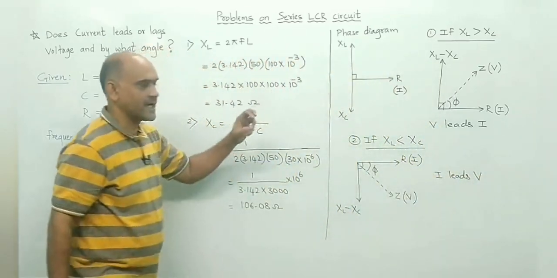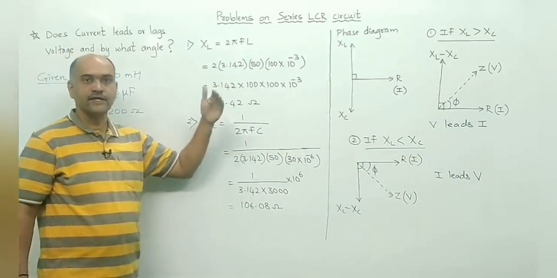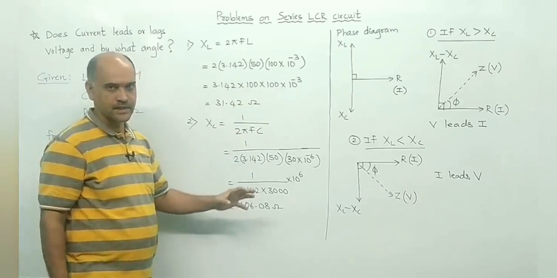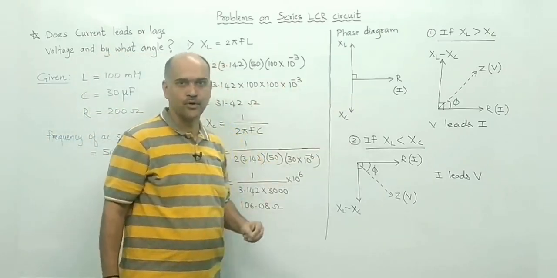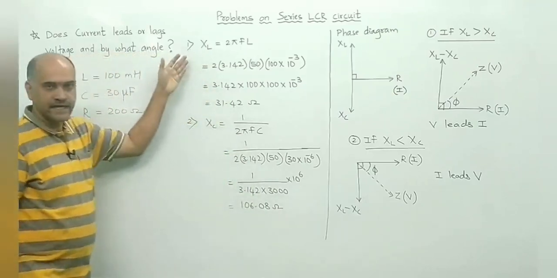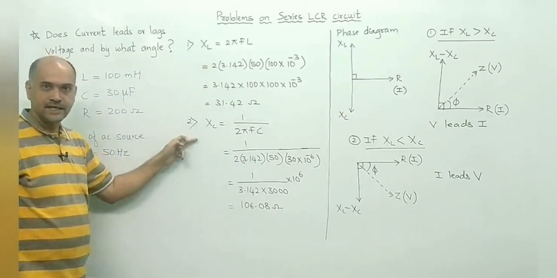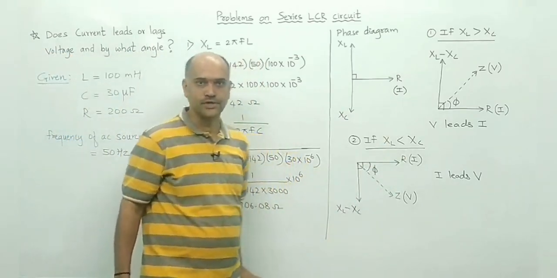So just by finding XL and XC, you can say whether current is leading or voltage is leading. Clear students? You can pause and note down this important point. If XL is greater than XC, voltage leads current. If XC is greater than XL, current leads voltage.